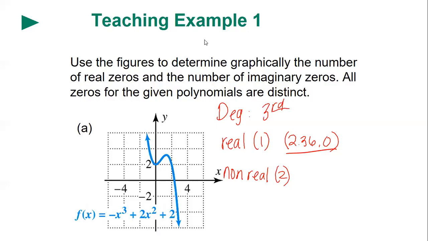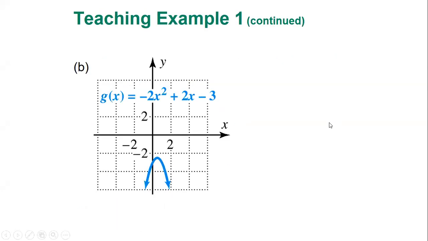All right, so now let's do another example. So here we have negative 2x squared plus 2x minus 3. Based on what we have here, what is the degree of this polynomial? It's a second degree polynomial, 2 degrees, right? All right, well, how many x-intercepts does it have? It has 0 x-intercepts.